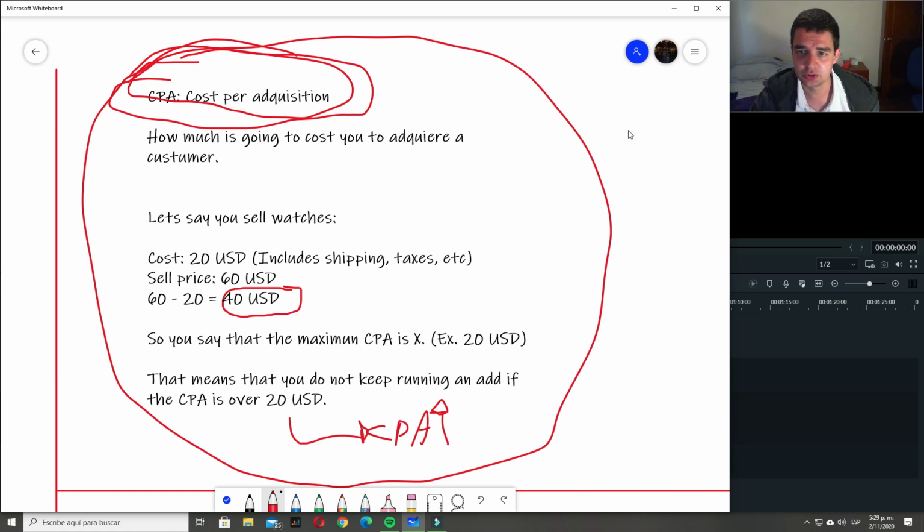Let's say you are selling shoes, and you say, okay, my cost of production, all my costs, excluding my advertisement, all the costs without advertising are $20, right? And let's say another example. Let's say you are not selling shoes, you are selling a service.